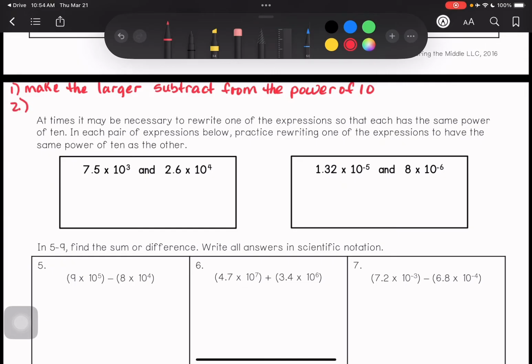If I want to make the number smaller, you're going to add to the power of 10.